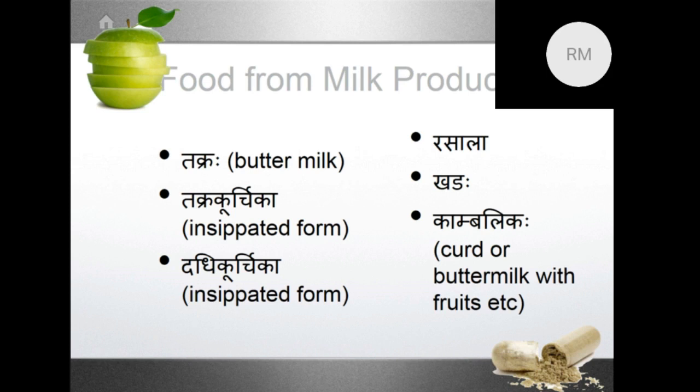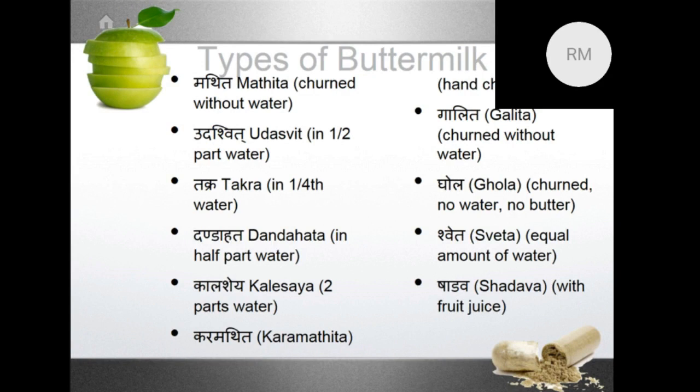Okay, so we continue. So these are different preparations from milk products. So there are different types of buttermilk. Different types of buttermilk have different properties. So Ayurveda says that for buttermilk to be really effective, many people dilute yogurt to make buttermilk. But this is not acceptable in Ayurveda.